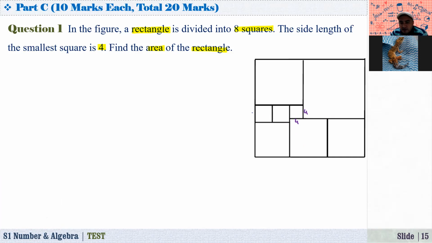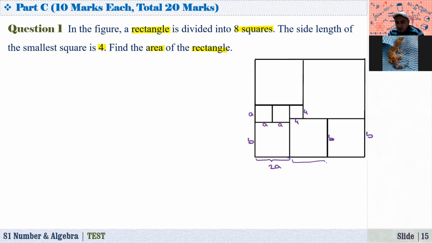Their side length is, let's say, a, and also this should be a, and also this should be a. At the time, this will be 2a. And how about these 2 squares? Also the same. Let's say it is b, and also this one is b, and also this one is b.